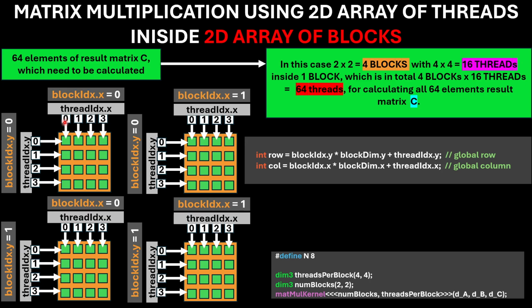So you can see that for this blockIdx.x and blockIdx.y, these are the coordinates of this block, and inside of it we have all these 0, 1, 2, 3, 0, 1, 2, 3 threadIdx.x and threadIdx.y values, which help to pick up a specific thread index inside that specific block.